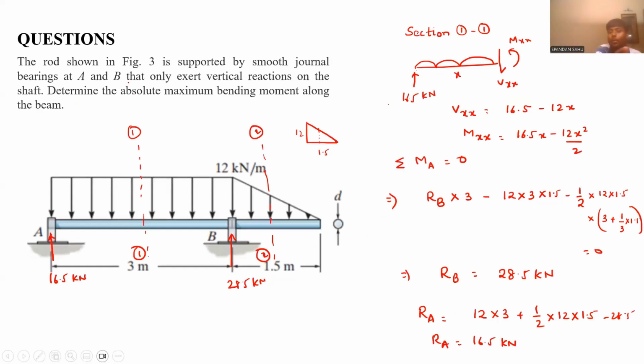Now we can do one thing. If we take from left hand part, it will be pretty difficult. So let us take it from right hand part only. Okay. So that it will be easier. Section 2 from right hand side. Okay. So if we do that, what will the free body diagram look like?